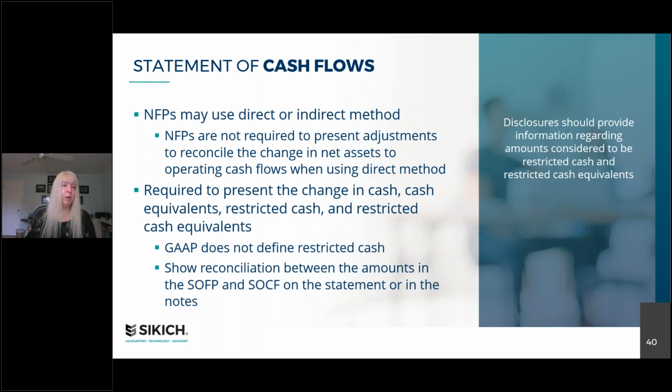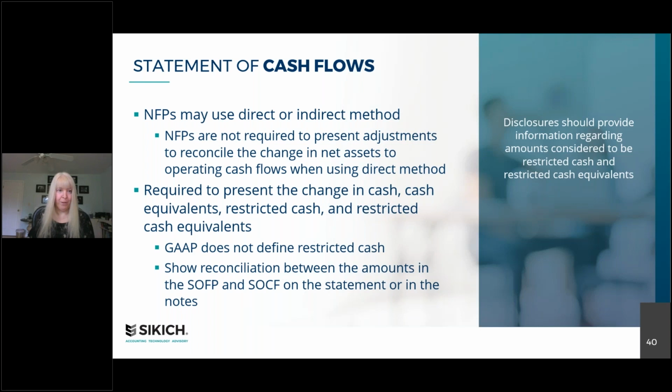Not-for-profits are, however, required to present the change in cash, cash equivalents, and restricted cash equivalents. And the issue here is GAAP does not define restricted cash. So the not-for-profit needs to determine what is considered restricted cash and properly include that in the statement of cash flows and properly disclose it.